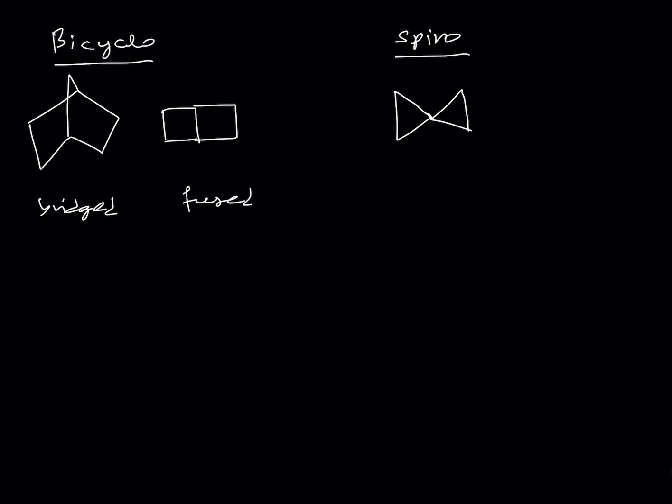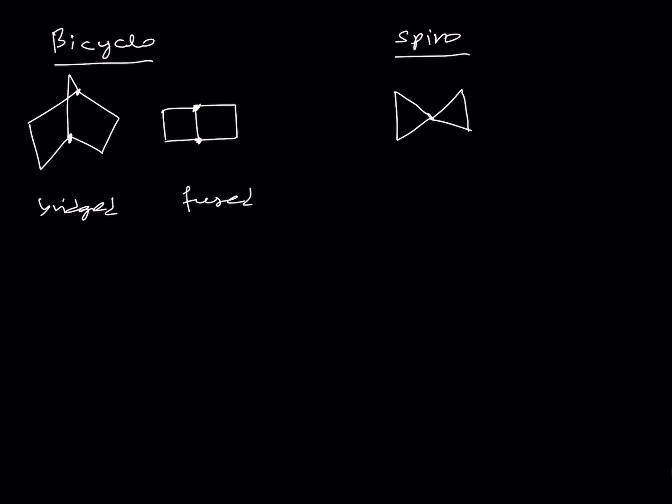So as you know, in the bicyclo case, you have two bridgeheads. Basically, you have two common atoms. In the bridged one, they are not adjacent to each other. In the fused case, they are adjacent to each other.